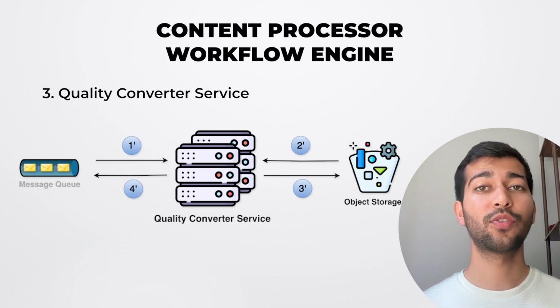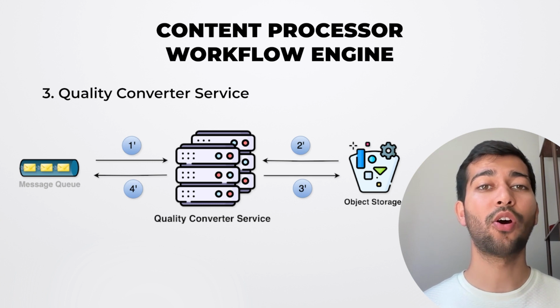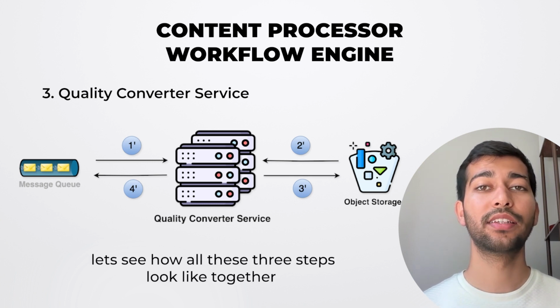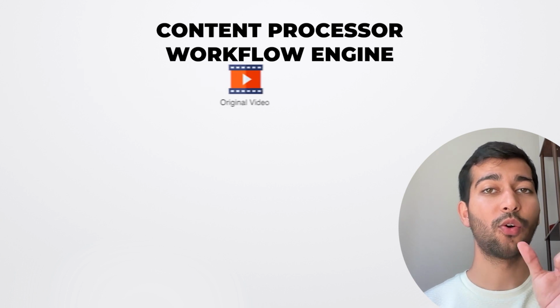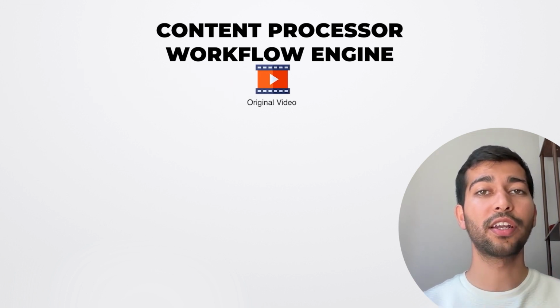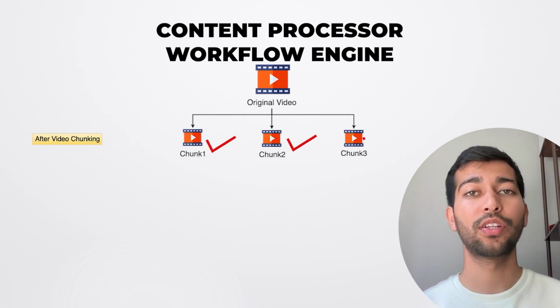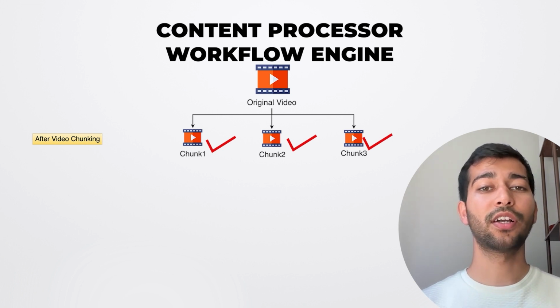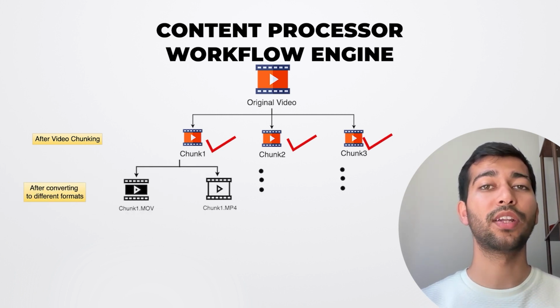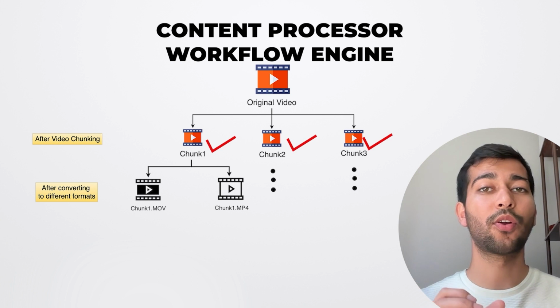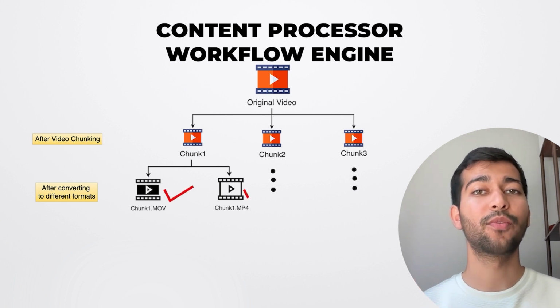If you would like to visualize how the processing for all these three steps looks like, this is how it looks. There was the original video and it got chunked into three parts, chunk 1, chunk 2 and chunk 3. And for each chunk, we have different formats. So let's say for chunk 1, we have chunk1.mov, chunk1.mp4.